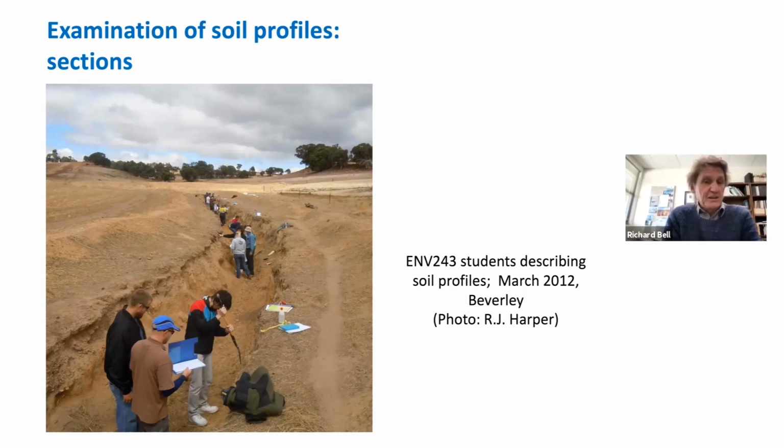It's actually a drain that was dug here to drain this wet valley land, but it's quite a nice sequence for us to take the students because we don't have to dig the hole, and we can see a long section of the soil, whereas a pit or an auger gives you only quite a narrow section of the soil, and you might be missing some of the variation in soil properties.